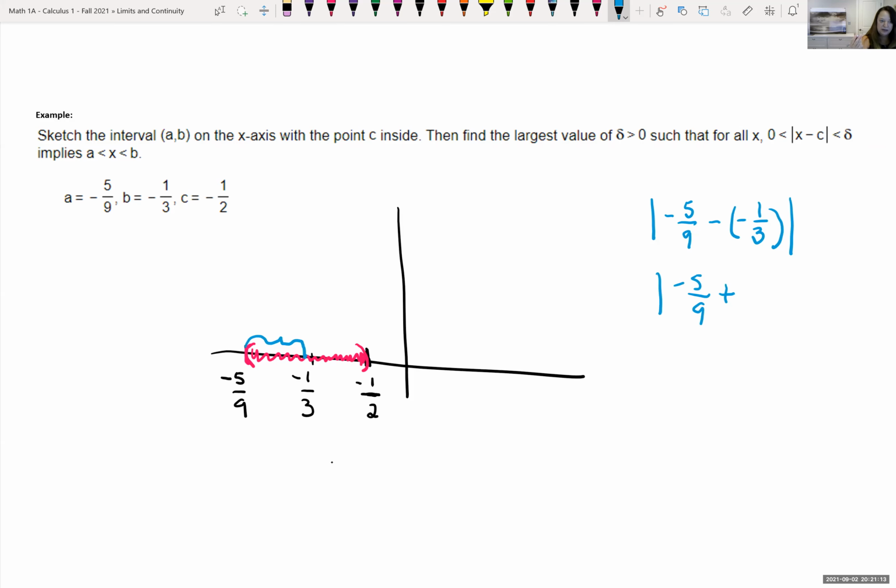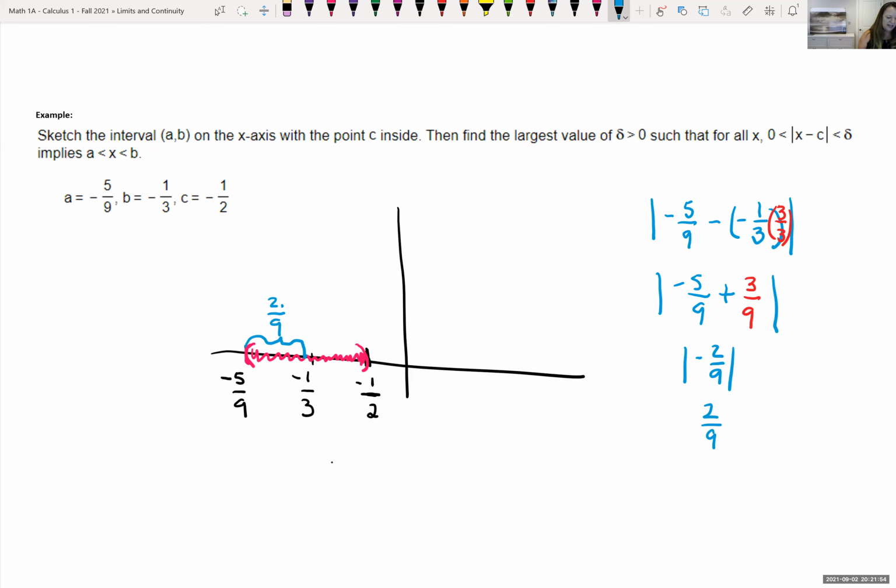In order to add these fractions I need a common denominator, so I multiply 1/3 by 3/3, giving plus 3/9. That gives -2/9, but the absolute value of -2/9 is 2/9. So this distance is 2/9.